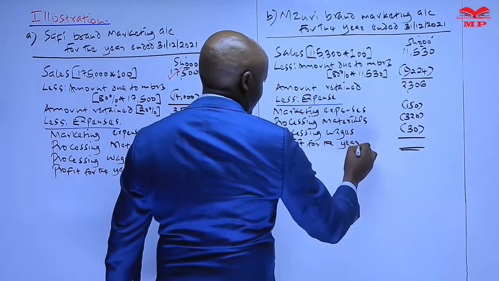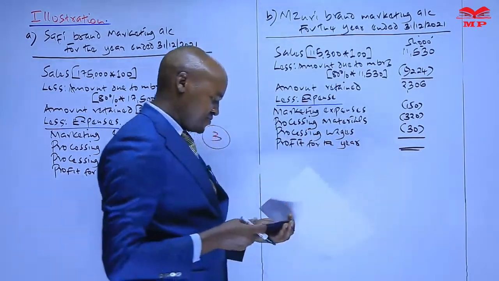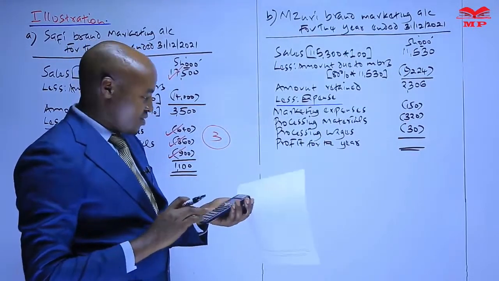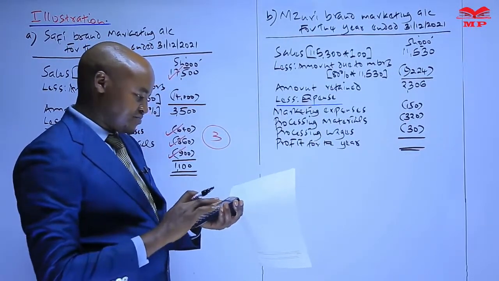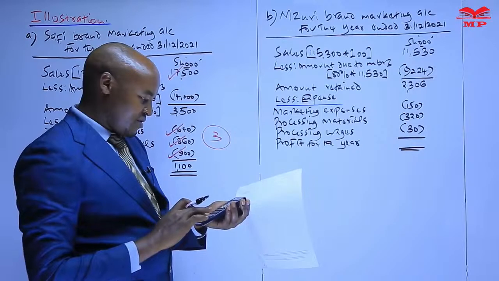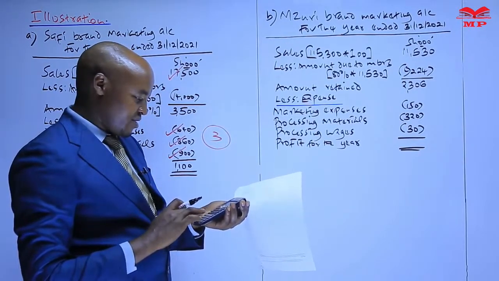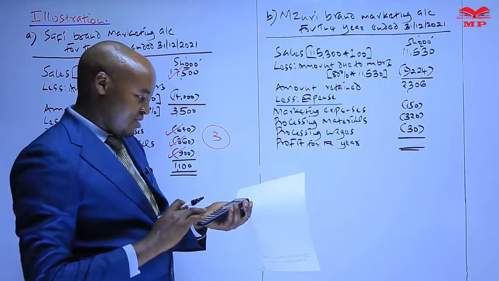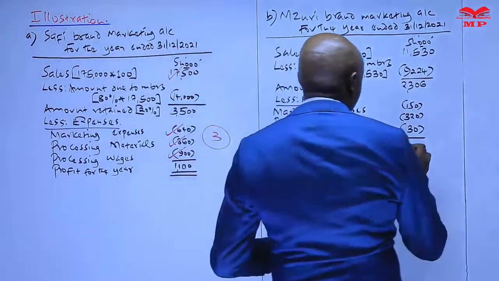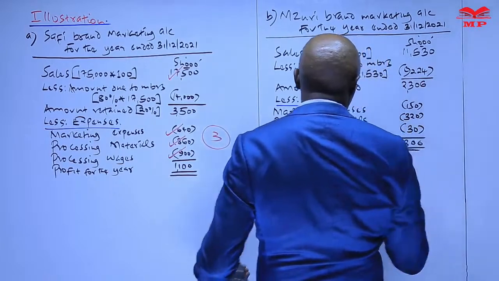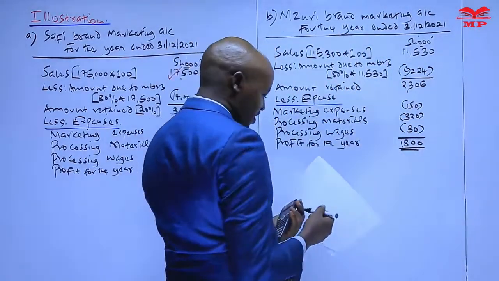The profit for the year from this coffee brand. So what do we have here? We have an amount of 2306 minus 150 minus 320 minus 30. That gives us 1806, which is now the profit for the year.